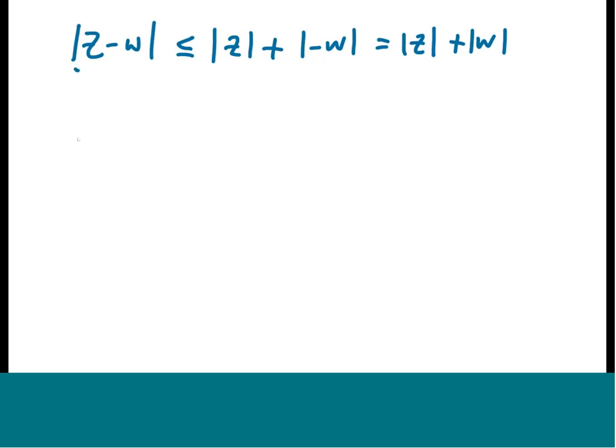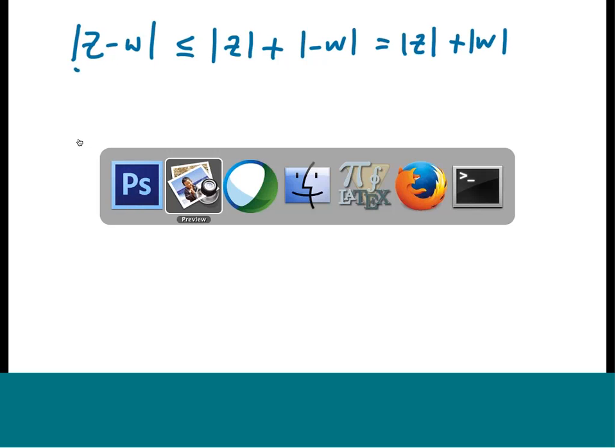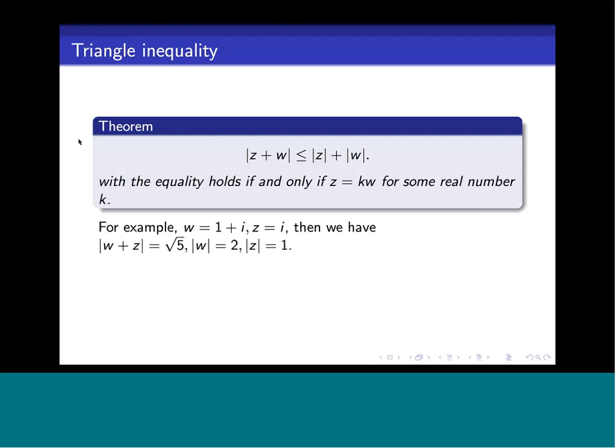Next thing. Let's go on to the next thing. So this example explains W plus Z, which is the square root of 5, less than 3. The absolute value of W is 2, the absolute value of Z is 1, so added together it is 3.